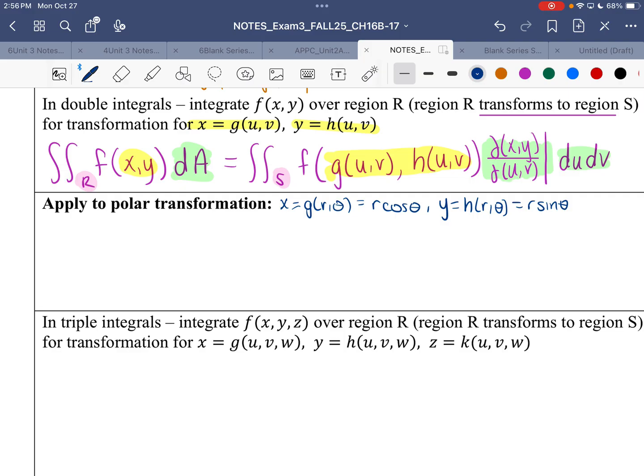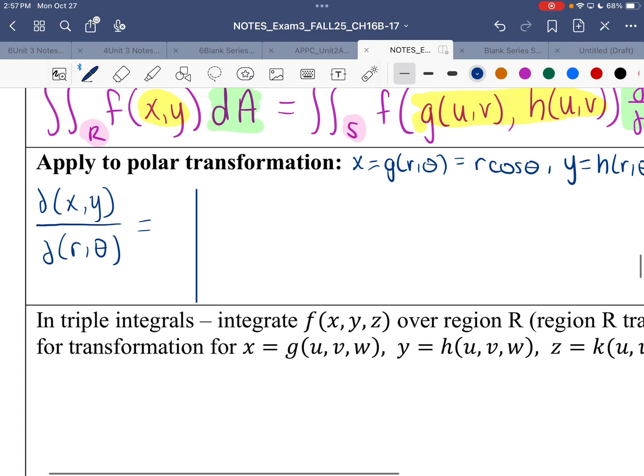So doing the Jacobian, let's set it up. So first I'm taking the derivatives of x. First, I'll take the derivative with respect to r, and then with respect to theta, and then y.